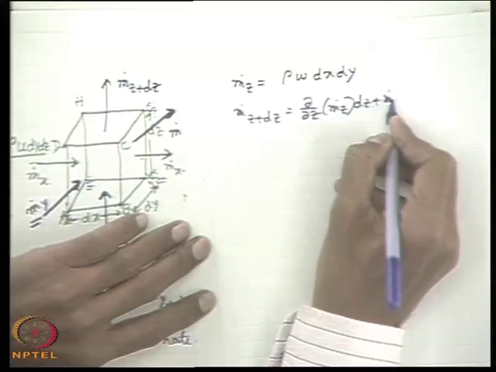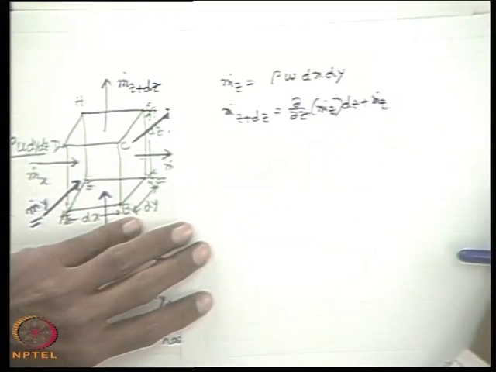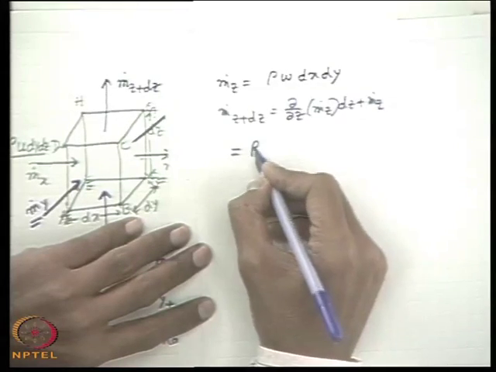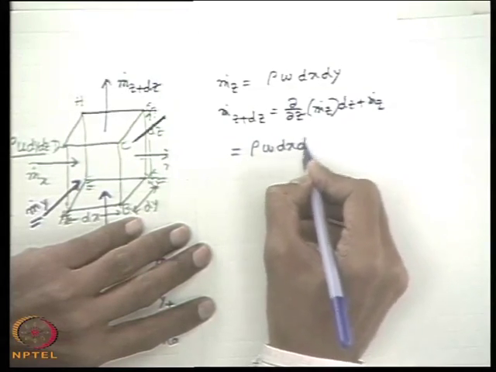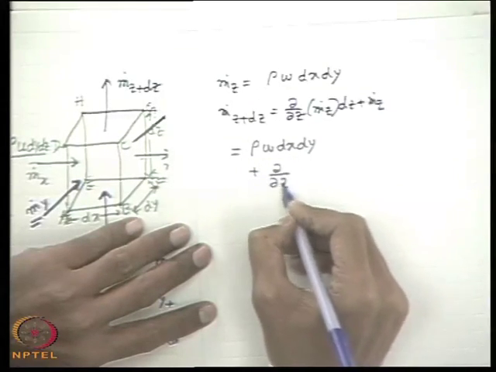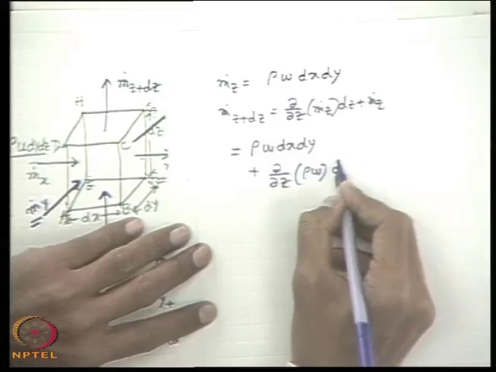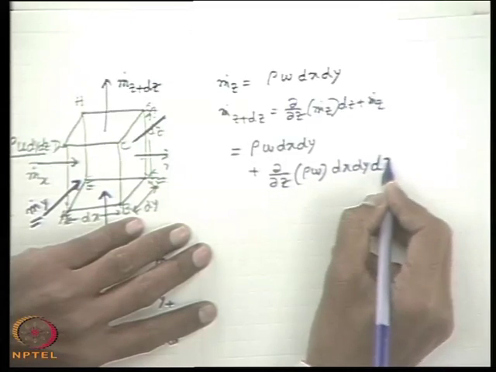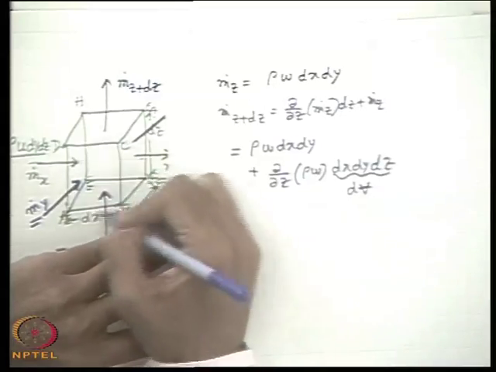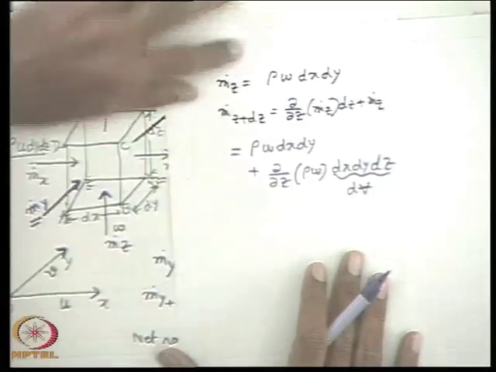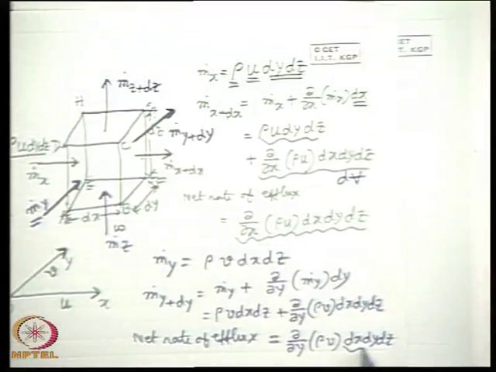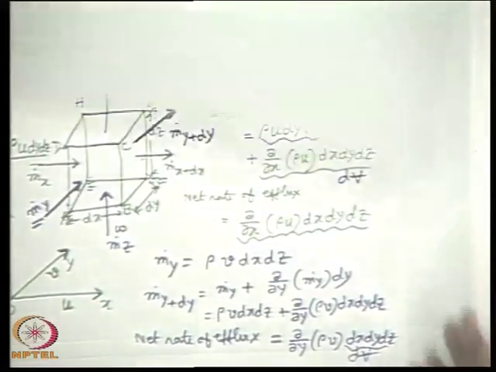So this can be written as rho w dx dy plus del z of rho w dx dy dz. So dx dy dz I can substitute as dV, that is the elemental volume of this control volume. Now what can I write?